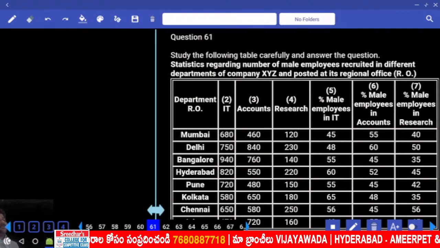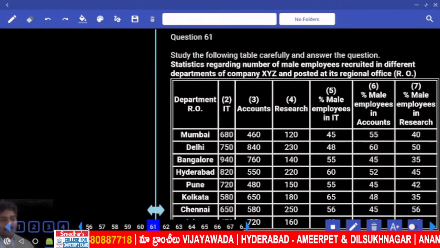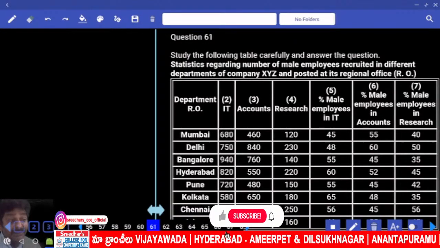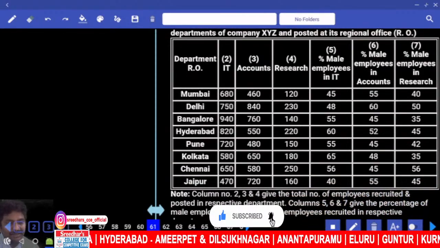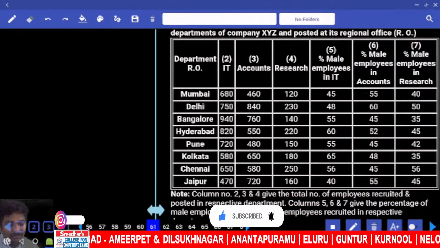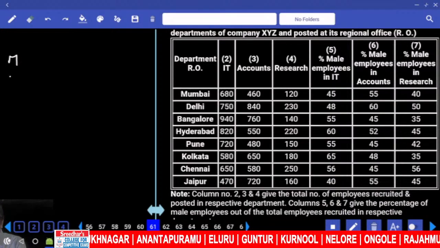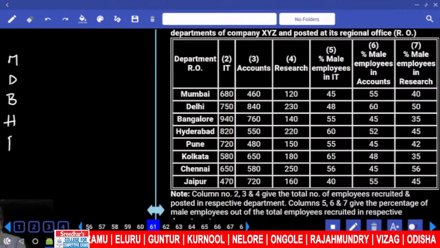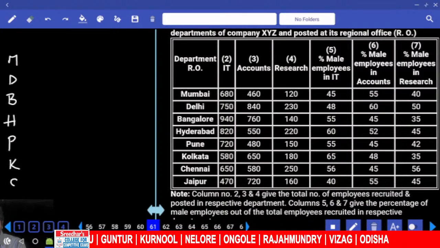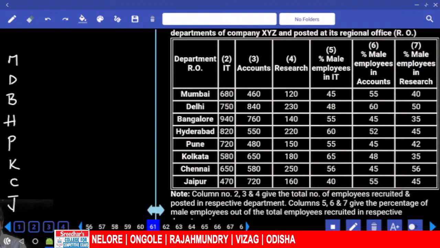Statistics regarding the number of male employees recruited in different departments of company XYZ and posted at its regional offices: Mumbai, Delhi, Bangalore, Hyderabad, Pune, Kolkata, Chennai, Jaipur.